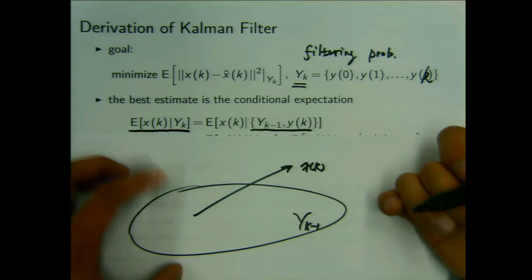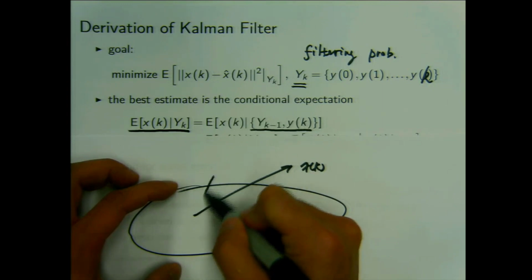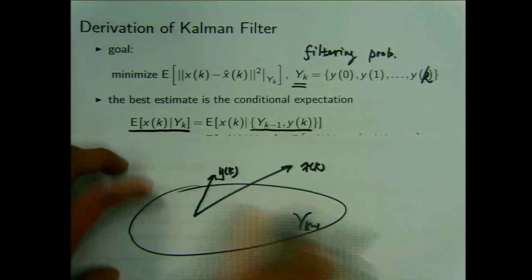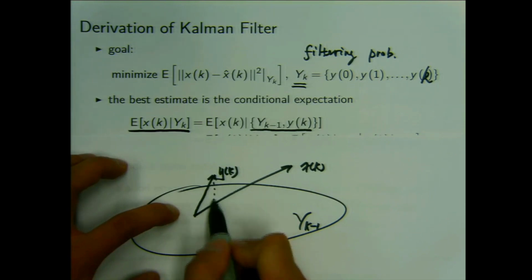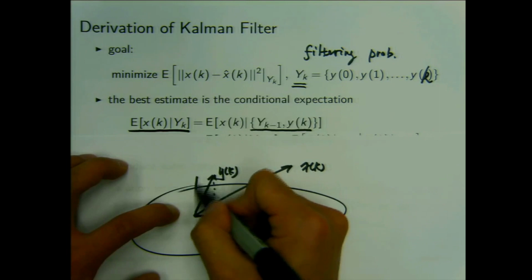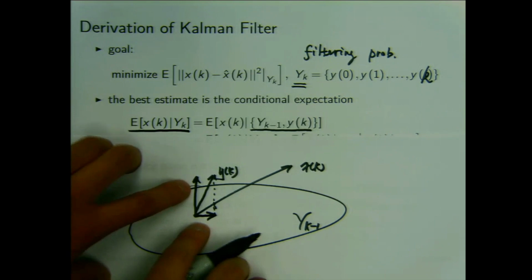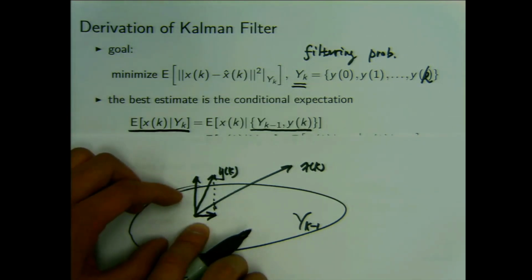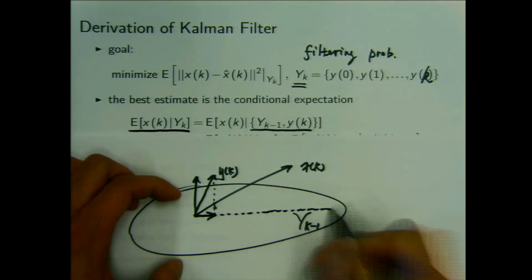Now we have a new measurement y of k, which gives us some additional information beyond what is provided in this vector space. It may be decomposed into two parts. One part is exactly inside this vector space, and the other part is perfectly perpendicular to this vector space. So this is exactly similar to the least squares problem.